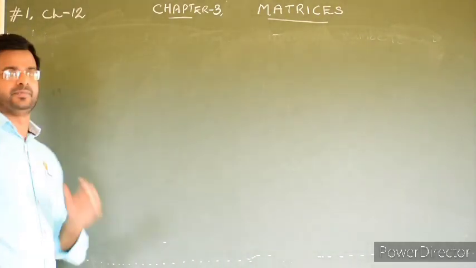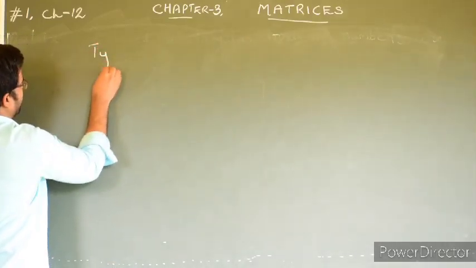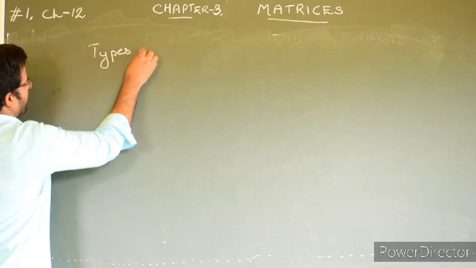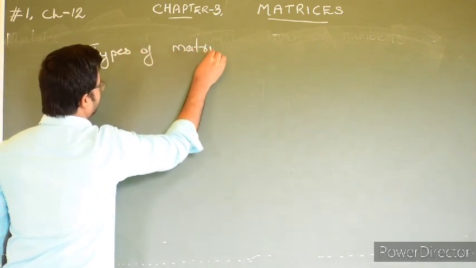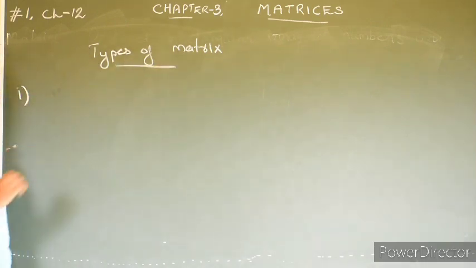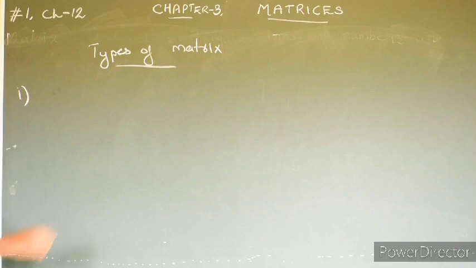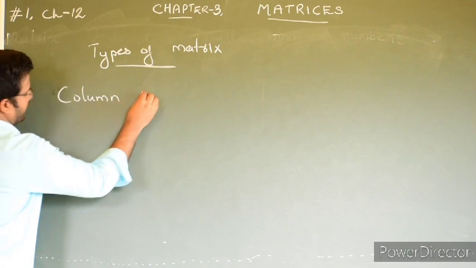Now we can study different types of matrix. First type, column matrix.